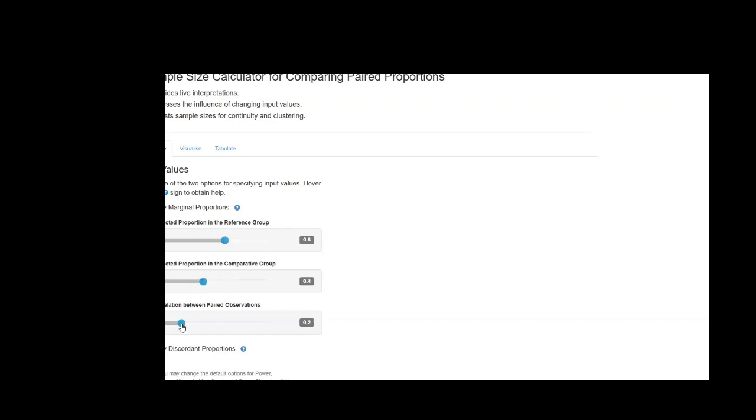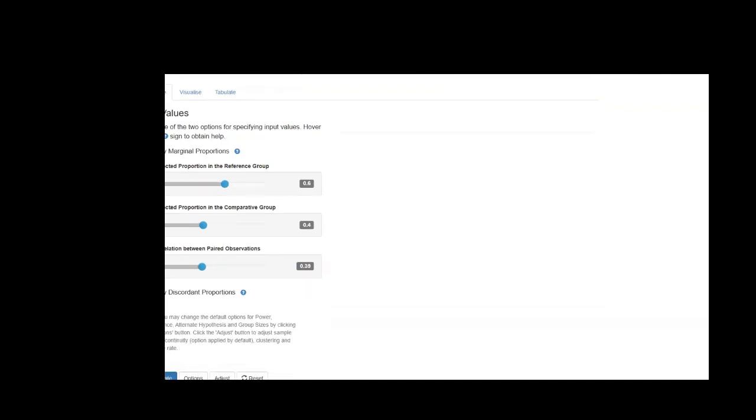And the correlation value you can take as 0.3, 0.4, whatever value it is, but by default, as a rule of thumb, at least you can take 0.5 or 0.24 value, and then you calculate on that. The sample size is 68 based on the marginal proportion.